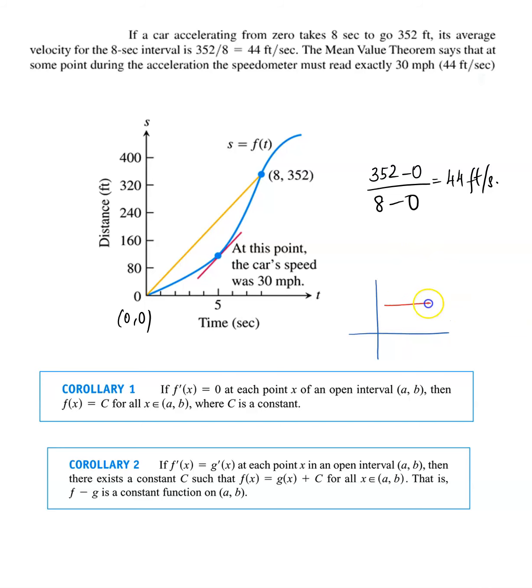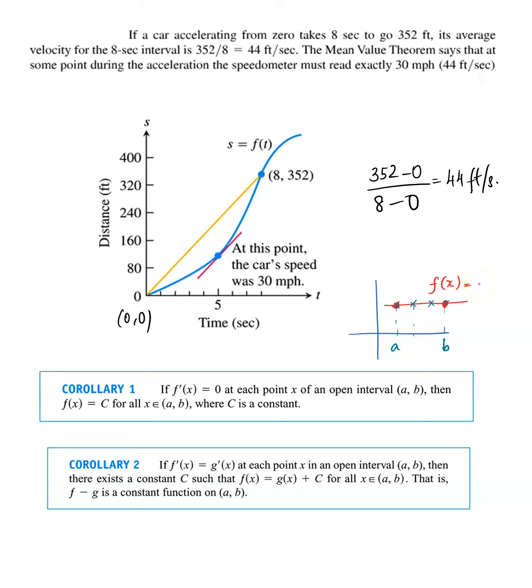The only case where that can happen is when it is a horizontal line, so that every point you consider on it has a derivative that is 0. So that is what they're saying. If f prime of x is 0 at every point between A and B, then that is possible only if the function f of x was a horizontal line.